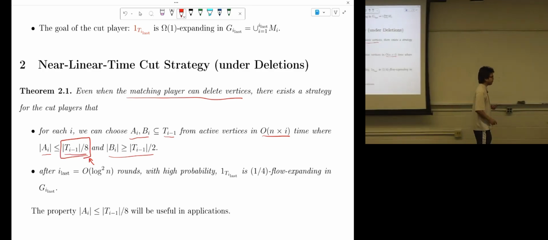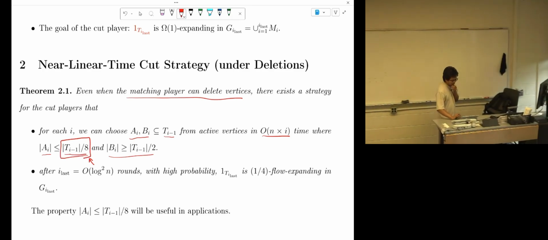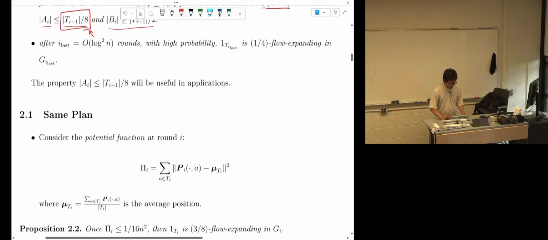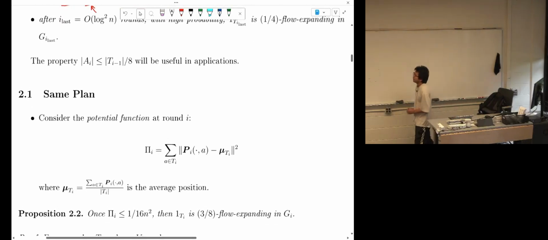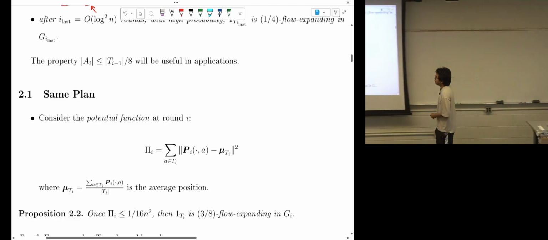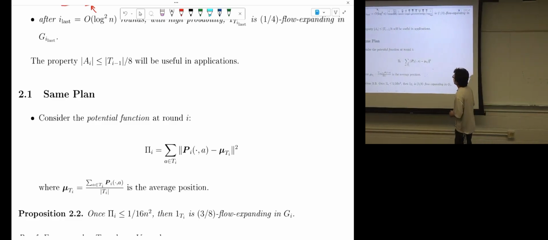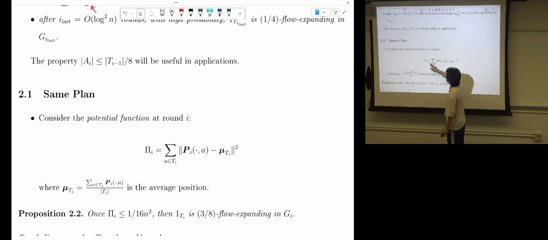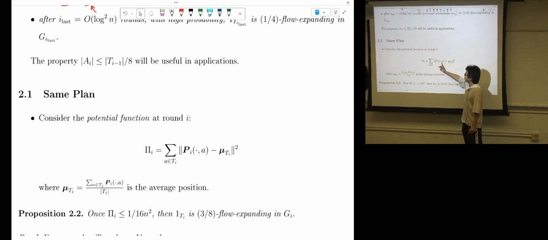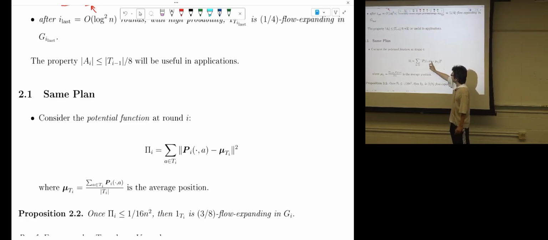Okay. Good. So now here's the plan. The plan is the same plan. How to prove this? Well, we will look at the potential function, where you define the potential function to be the sum of the distance from each node A to the average. What is this average?